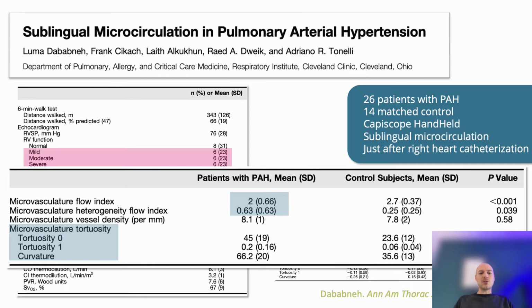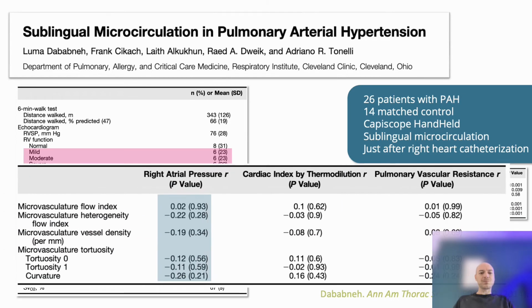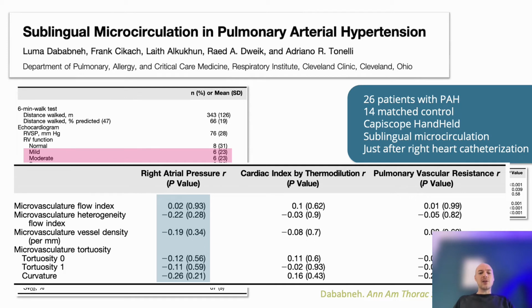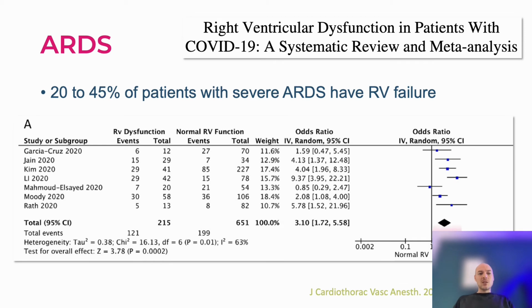The authors observed a significantly lower mean flow index and a greater heterogeneity and tortuosity of the microvasculature in these patients. And interestingly, none of these microcirculatory alterations observed here were correlated to right atrial pressure, conversely to what has been observed previously. So the role of right ventricular failure is important in venous congestion.